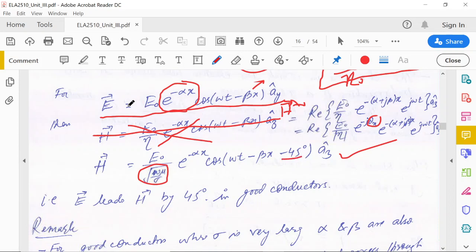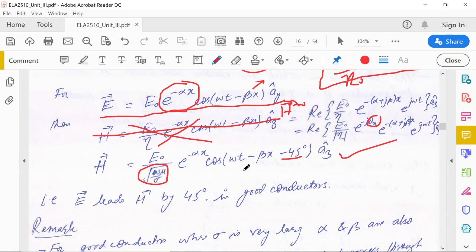Previously, for the lossless case, E and H had the same variation. They are in the same phase; the directions are different, but the phase is the same. Now H is lagging by 45 degrees. It is delayed by 45 degrees.